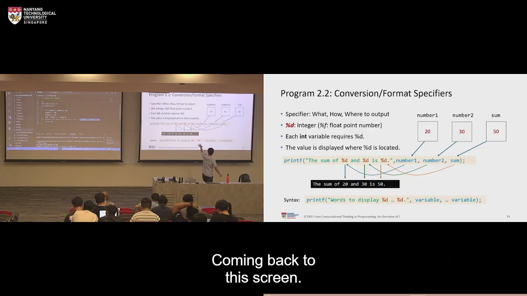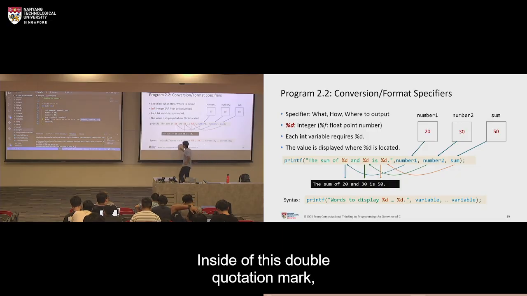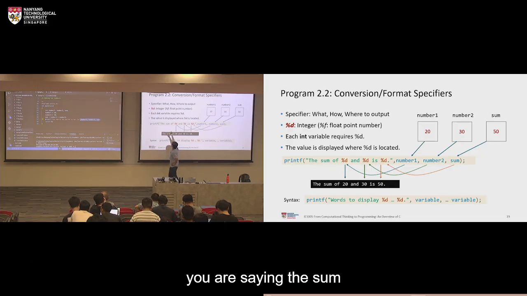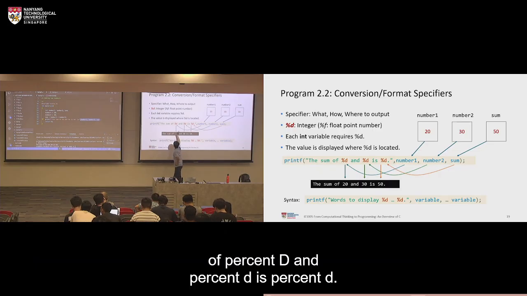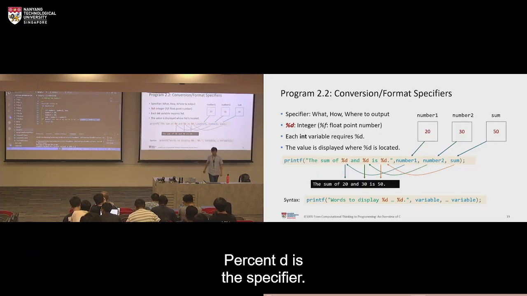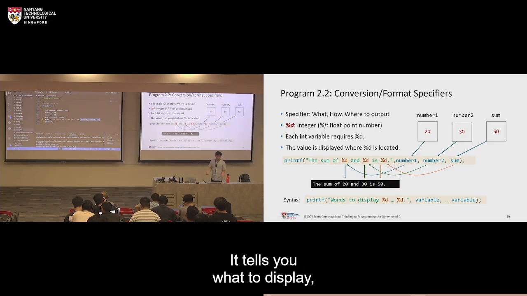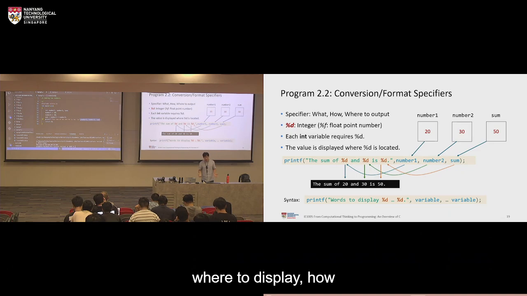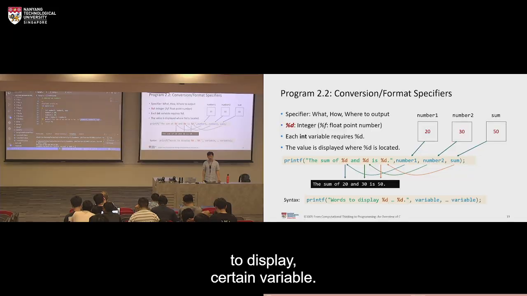Okay, so coming back to this screen. Inside of this double quotation mark, you are saying the sum of %d and %d is %d. What is the meaning of %d? %d is the specifier. It tells you what to display, where to display, how to display a certain variable.